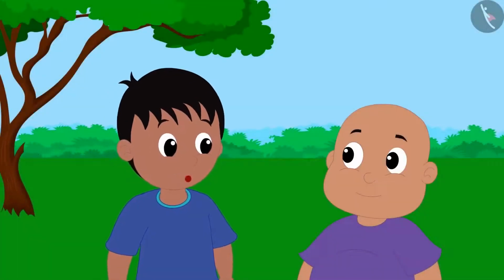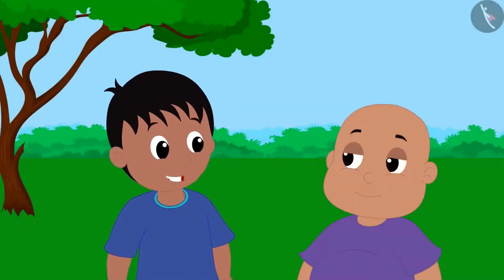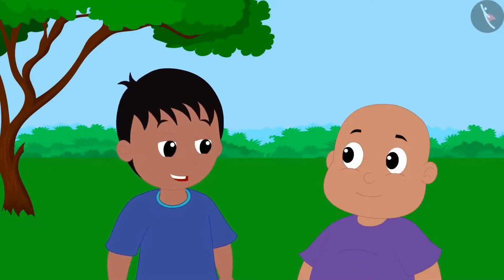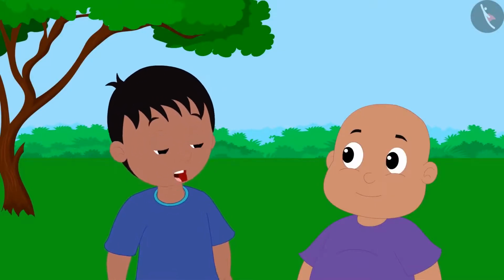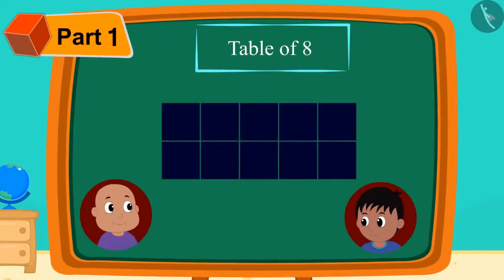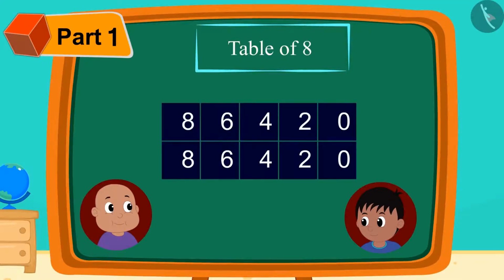Now Raju is telling Bablu that he can easily make a table of 8 using a similar pattern. Raju once again made such a table. Now he filled these patterns in both lines: 8, 6, 4, 2, 0.